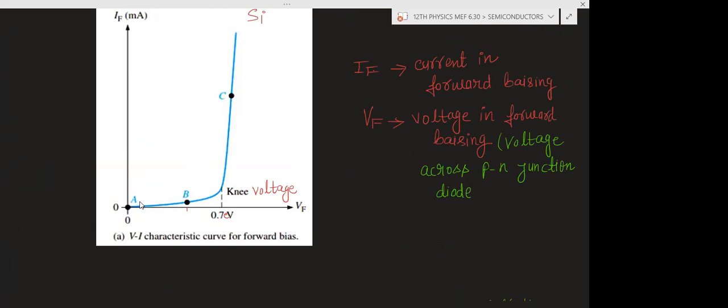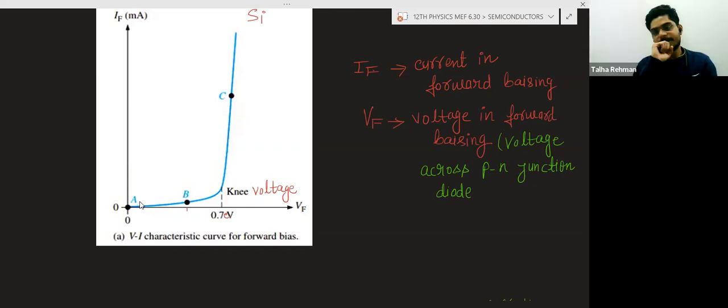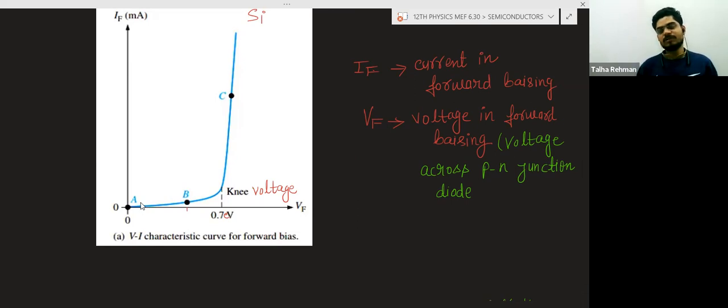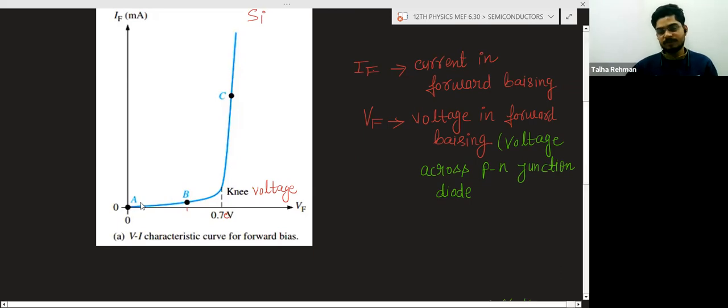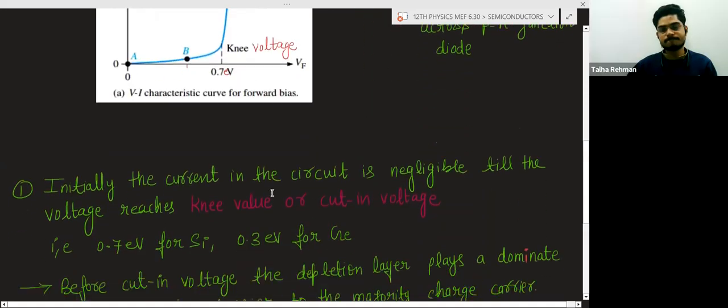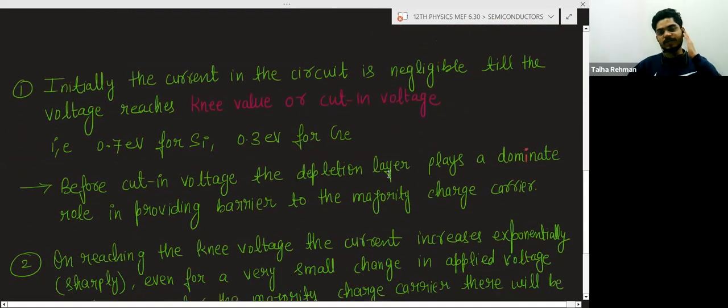Before the knee voltage, the potential barrier will be large, and because the potential barrier is large, the current will be small. But when you reach the knee voltage, the potential barrier will be removed, zero. So before cut-in voltage, the depletion layer plays a dominant role in providing the barrier to the majority charge carrier.